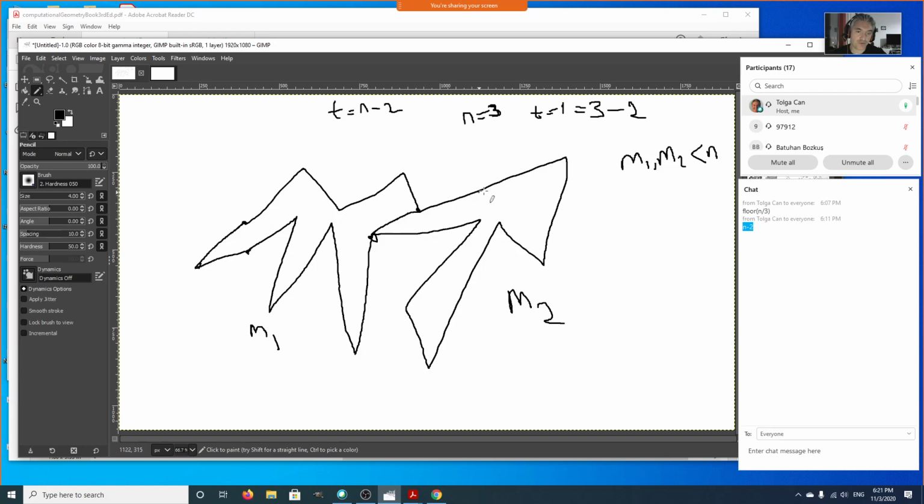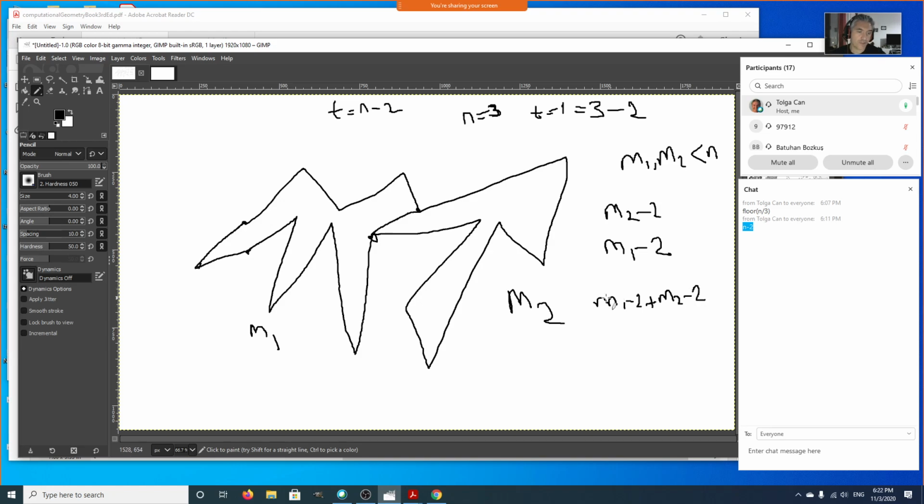Hence, the number of triangles in this part is exactly M2 minus 2, and the number of triangles in this part is M1 minus 2. So the total number of triangles in the entire polygon will be equal to M1 minus 2 plus M2 minus 2, right?